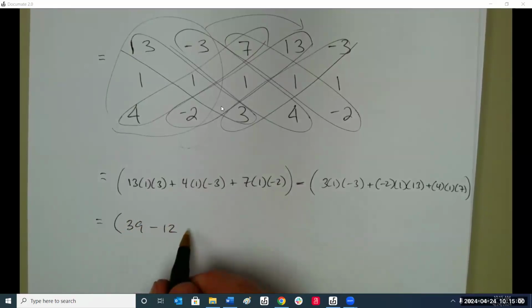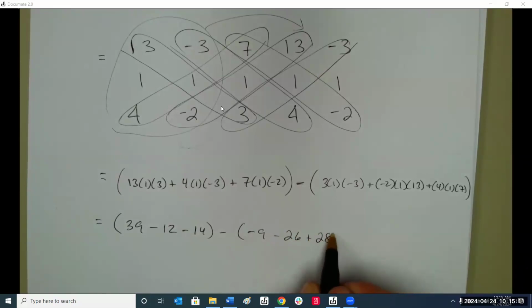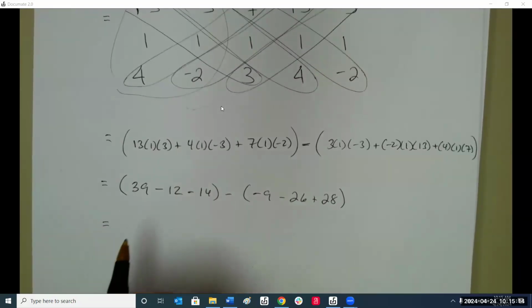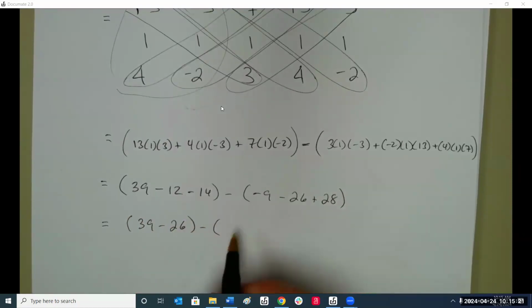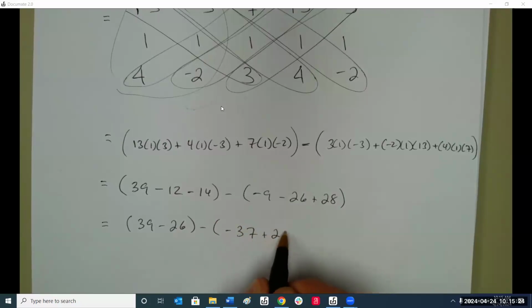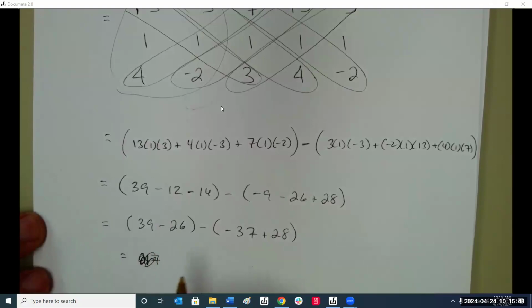39 minus 12 minus 14, negative 9, negative 26, positive 28. Seven. It's 39 minus 26 is 13.